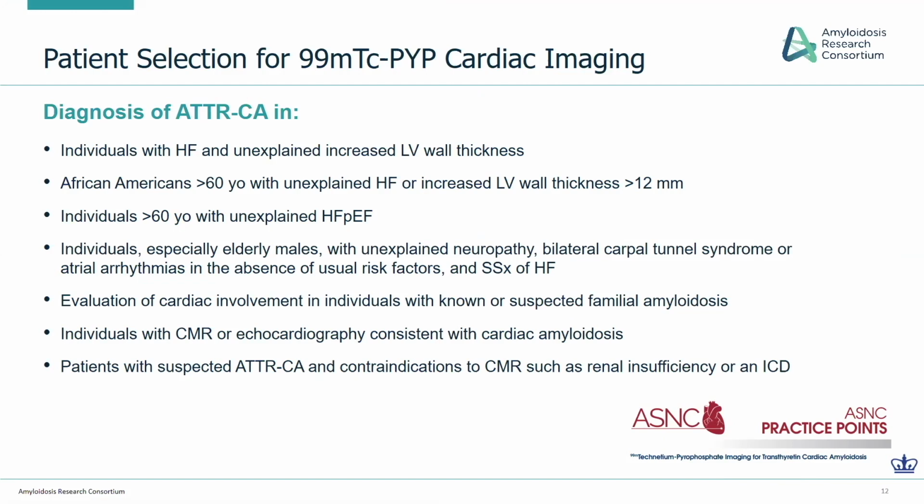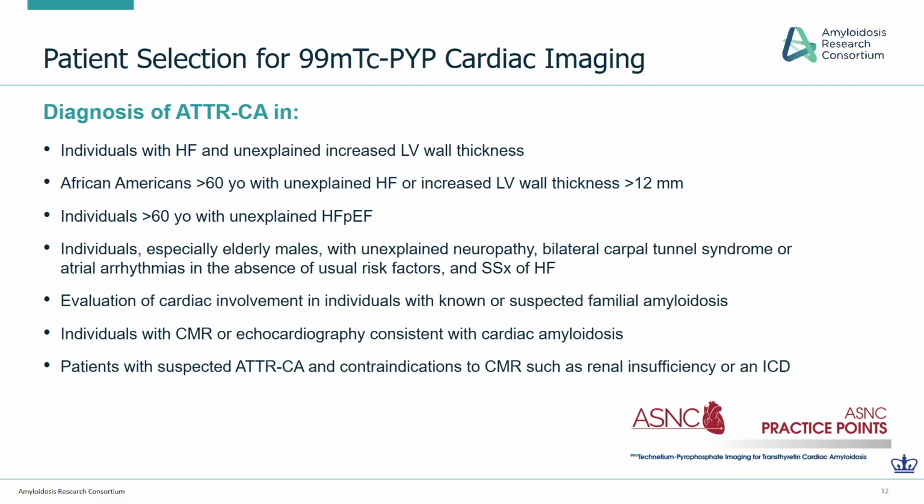Individuals, again, who are over 60 with unexplained heart failure in the setting of preserved EF, reiterating the importance of these orthopedic manifestations, including particularly bilateral carpal tunnel syndrome, anyone with unexplained neuropathy in the setting of cardiomyopathy, or atrial arrhythmias in the absence of usual risk factors or symptoms of heart failure.